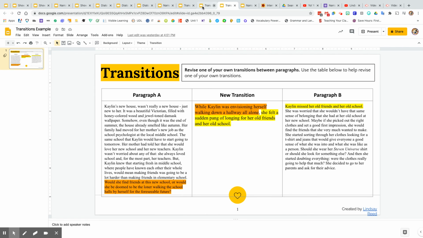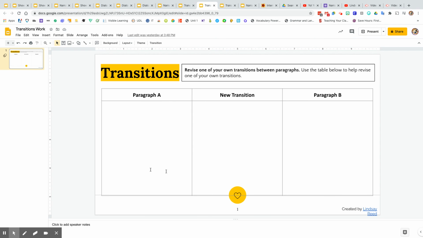You're going to go ahead and fill out this transitions work assignment. Put your paragraph A first, then your paragraph B, and then create a transition that blends ideas from both of them. And then I want to see that new blended transition added to your narrative in the correct place.